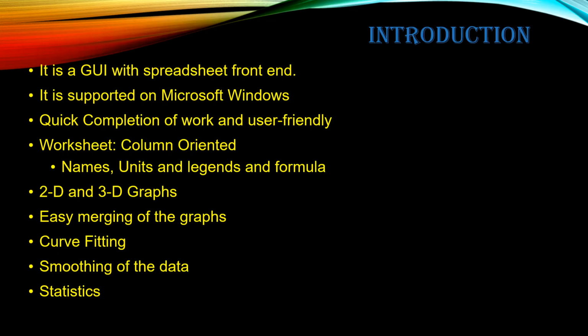The worksheets in the Origin software are column oriented worksheets. These columns have some labels, nothing but legends, names, units and functions or formulae. So these are additional features given in the Origin compared to the Excel.